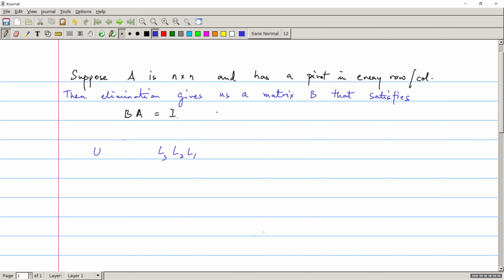Then you will normalize all the pivots. That tends to be a diagonal matrix, and then you will do a series of operations that zero out entries above pivots, and they always correspond to upper triangular matrices.